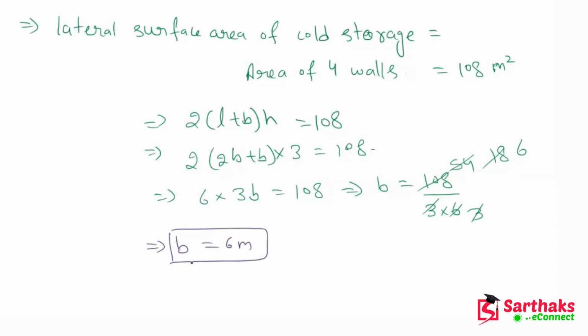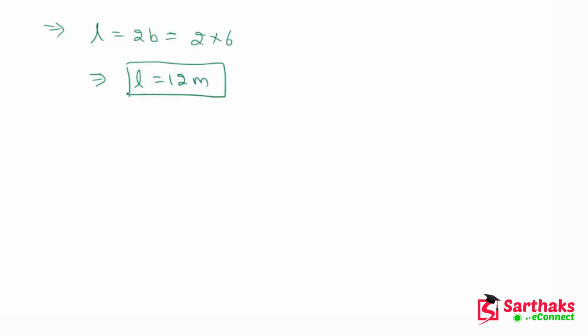Okay, my dear friends. Now with the help of this value, we can find the value of length. We know that L is equal to twice of B, so this will become 2 into 6, which is equal to 12 meter. So we have length, breadth and height, then we can easily find volume.